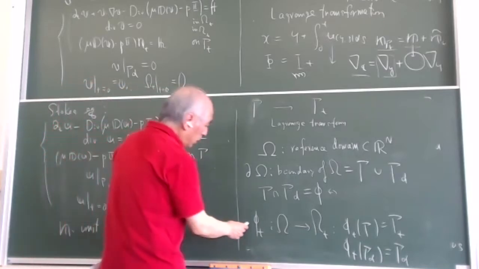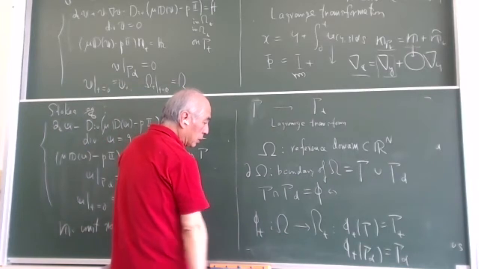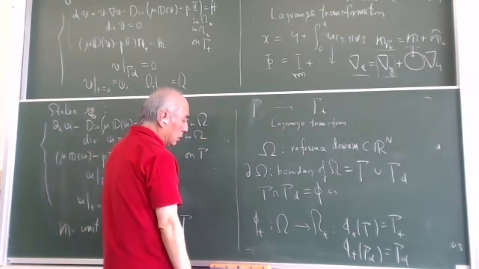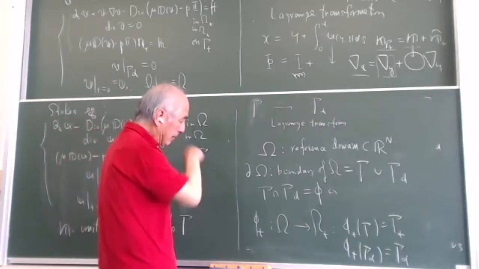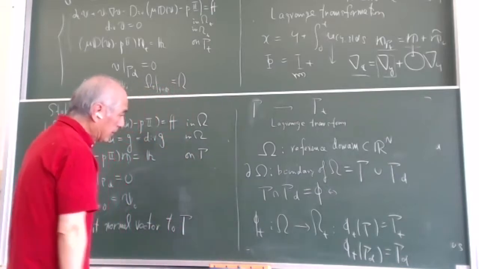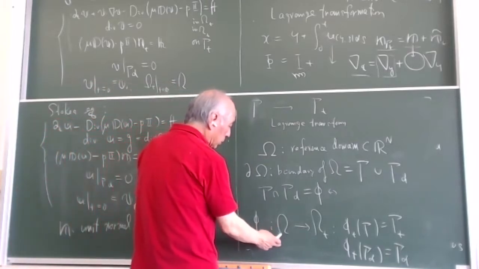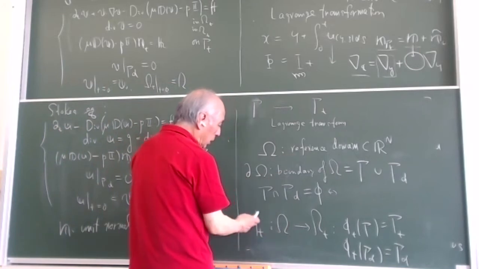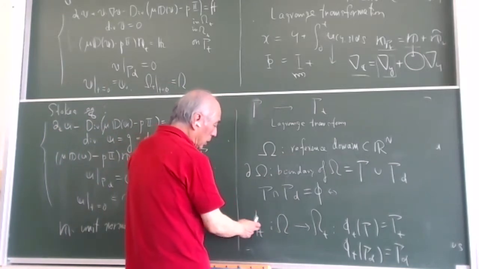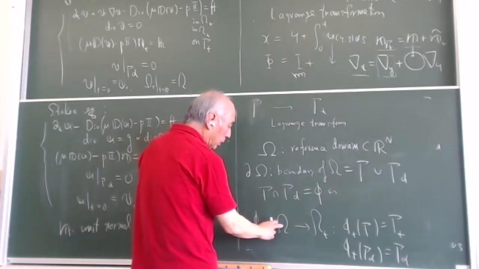In the first lecture I introduced this phi sub t. So in order to derive the equations, the situation is there is a Lagrangian domain, sorry, reference domain, and then the so-called Lagrangian map phi sub t we consider.